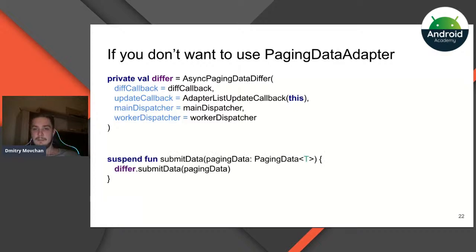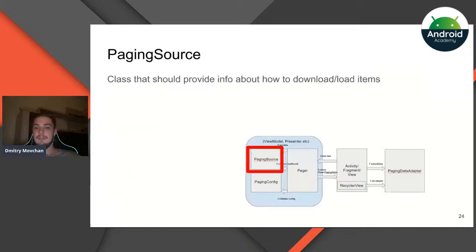And then when we try to, for example, submit some data to this adapter, we just call differ.submitData, and we pass PagingData. You may ask me what PagingData is. Okay, moving on. The next element of the paging library is PagingSource, to help us produce this PagingData.